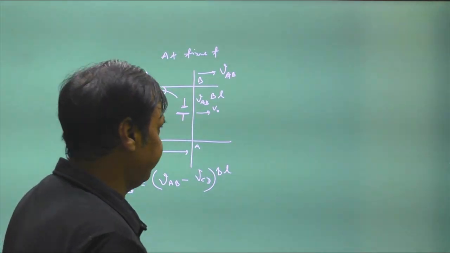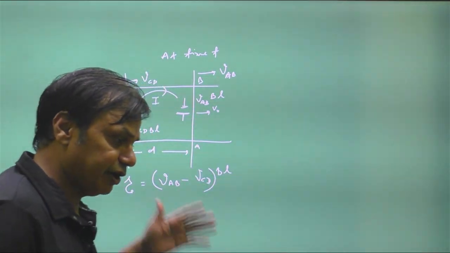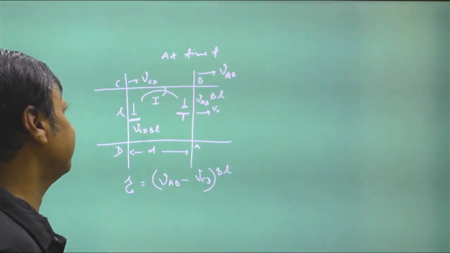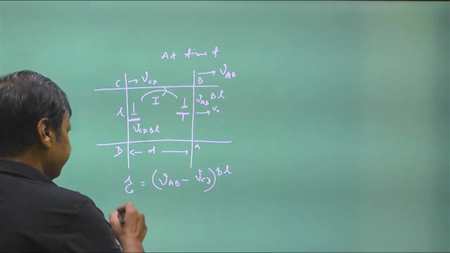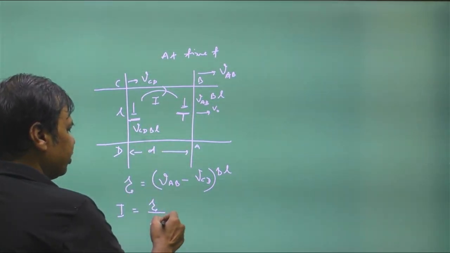And the current, I just named it I. At any intermediate moment, the current is capital I. So this current will be the EMF produced in this loop divided by total resistance. They are in series.